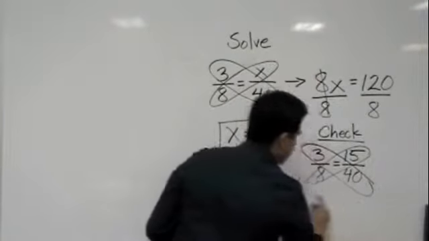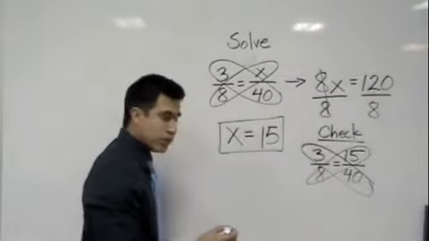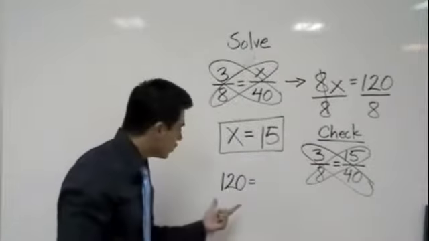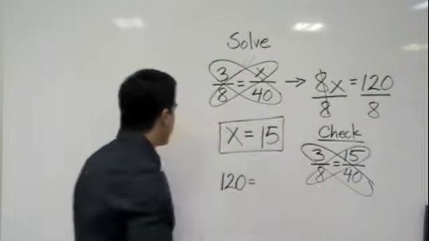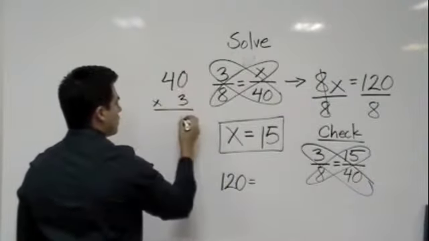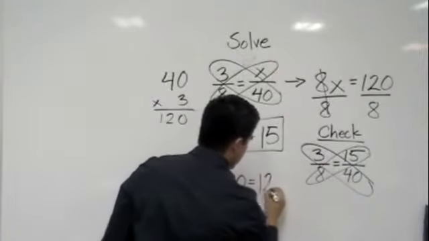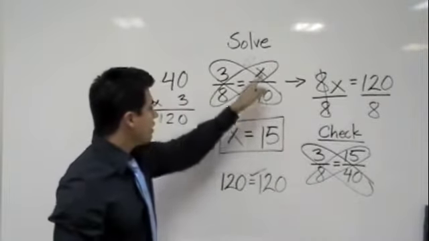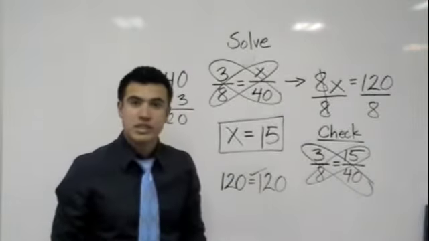All right. 8 times 15, we already knew, by doing our work, that that equals 120. And if you're having a hard time with that, again, just show your work. You'll see that 8 times 15 gives you 120. 3 times 40 is 120. Hey, guess what? It checks out. Check. So we know that we got it right. Now we know that 15 plugged in for x will give us proportions that are equal to each other.